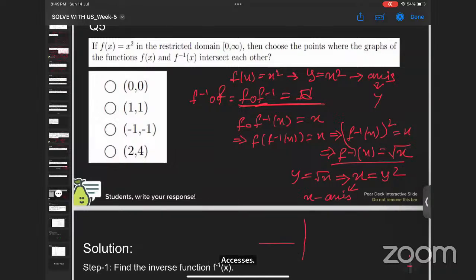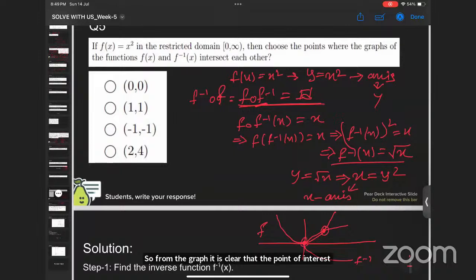So we can draw the graph here. This is our f inverse and our f will be something like that. From the graph, it is clear that the number of points of intersection is 2, right? Up to this is clear, right? Yes, ma'am. So from this picture, the number of points of intersection is clear.